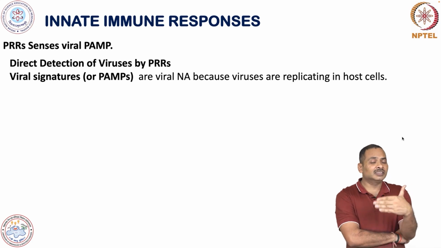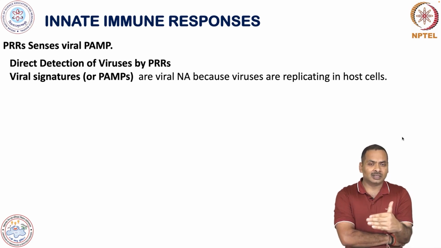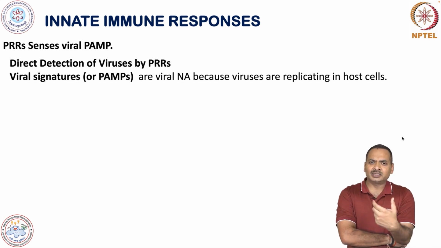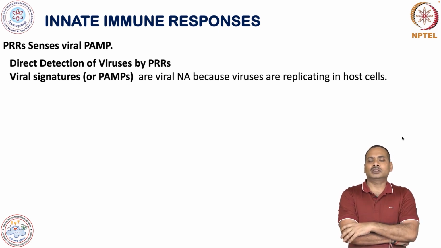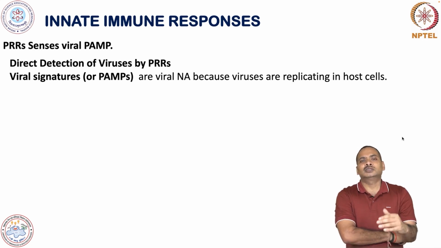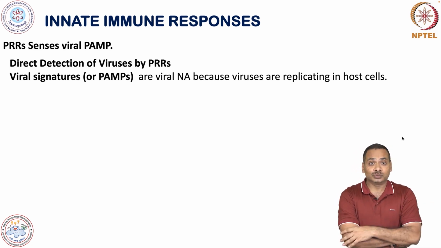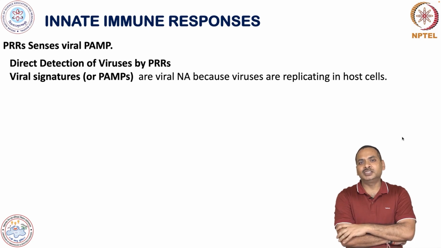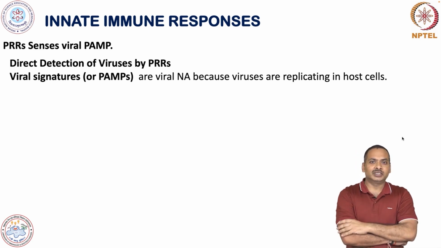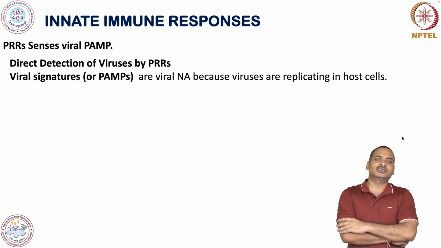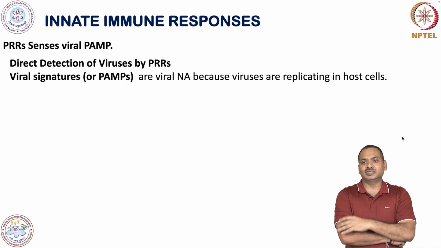In a healthy living cell, this viral nucleic acid is not present in the cytoplasm or in unique locations, for example endosomes or endolysosomes, but during virus infection these are present in these positions, and this nucleic acid is quite different compared to the host nucleic acid, which I discussed earlier in the previous session.